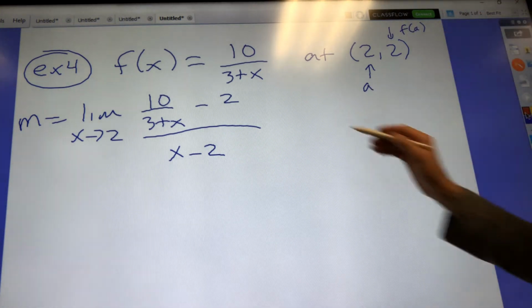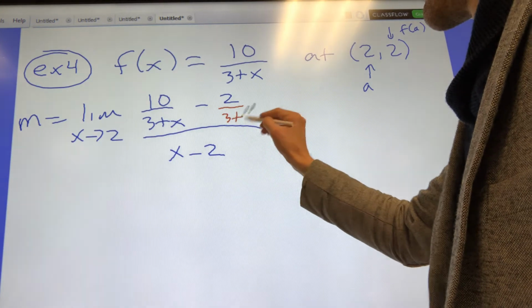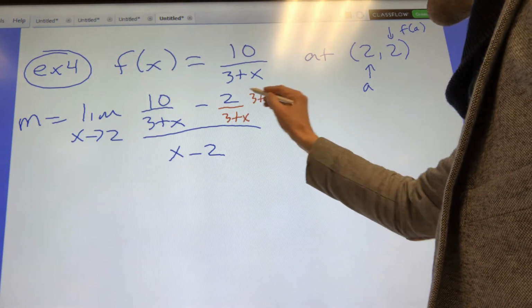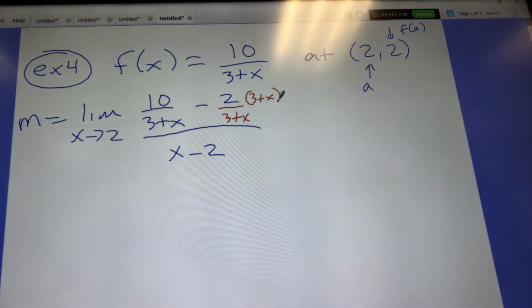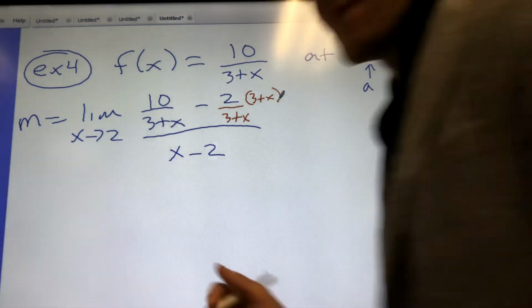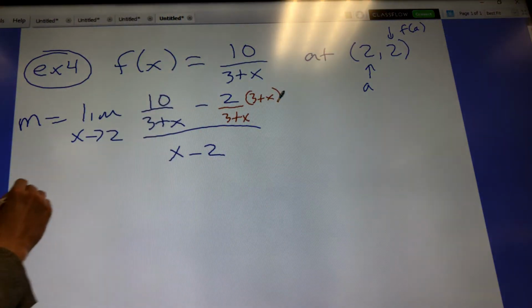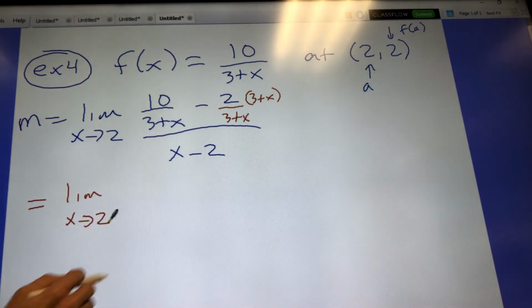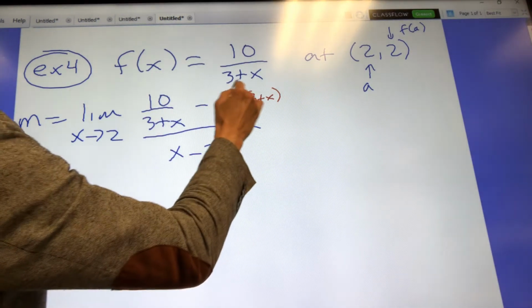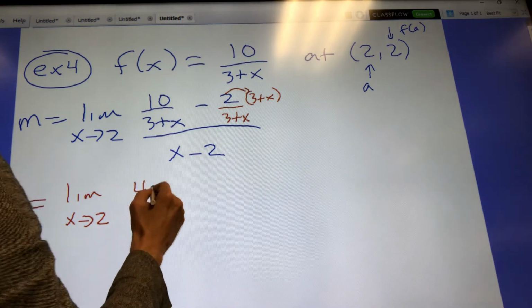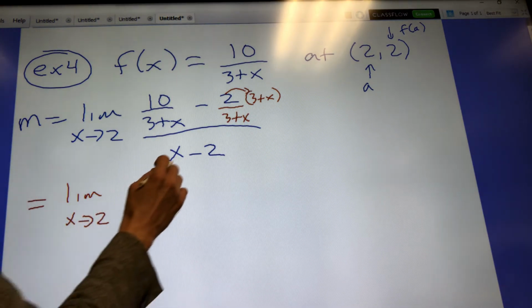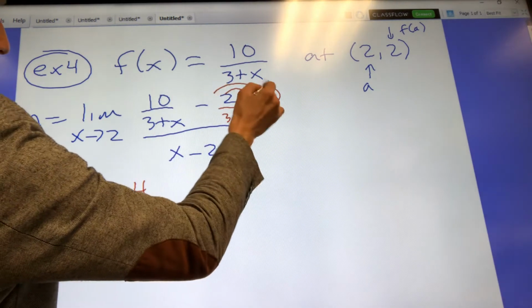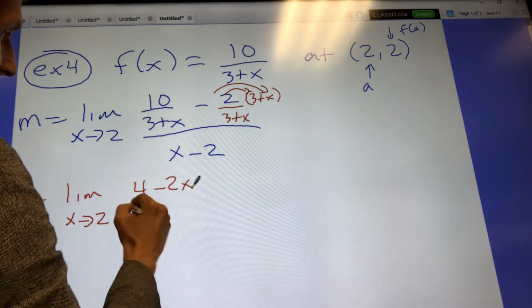So up top here, we're going to multiply by 3 plus x over 3 plus x to get that common denominator in that true numerator, as I call it. The limit as x goes to 2 of, this is going to be 10 minus 6, so it's 4, and then minus 2x, 4 minus 2x.